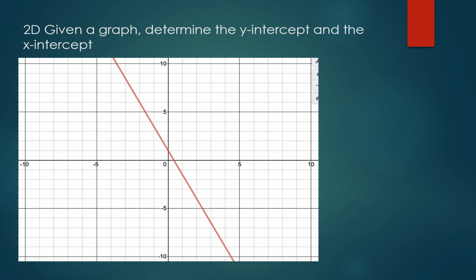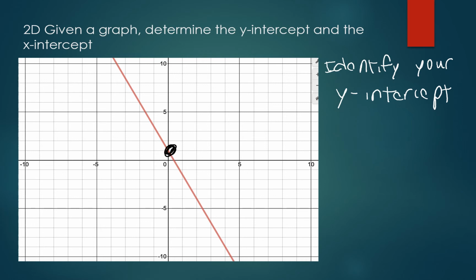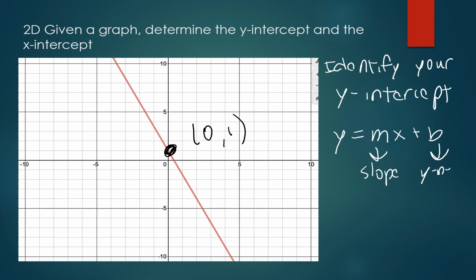Go ahead and identify your y-intercept. So the y-intercept happens to be here. We identified it in the previous slide, which is 0, 1. So I could go ahead and write my equation. Y equals m times x plus b. M is your slope. B is the y-intercept.